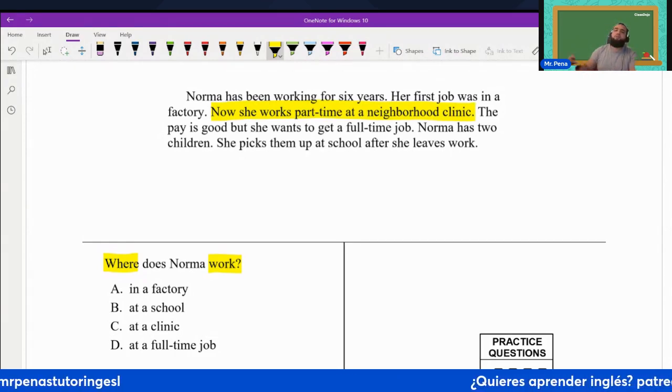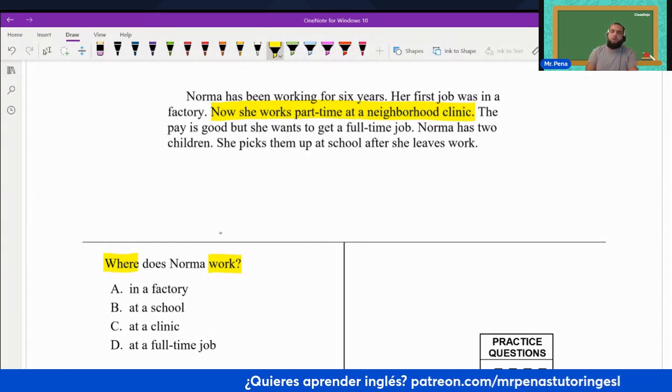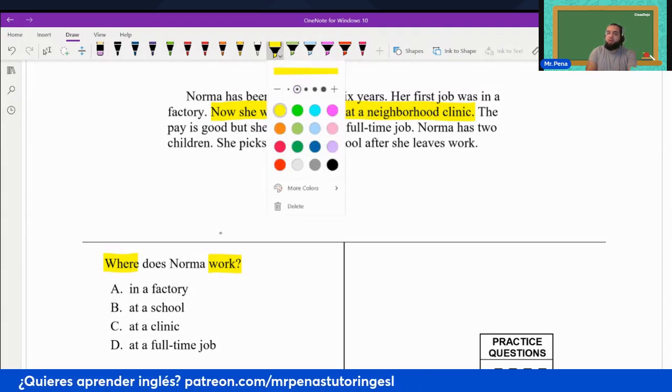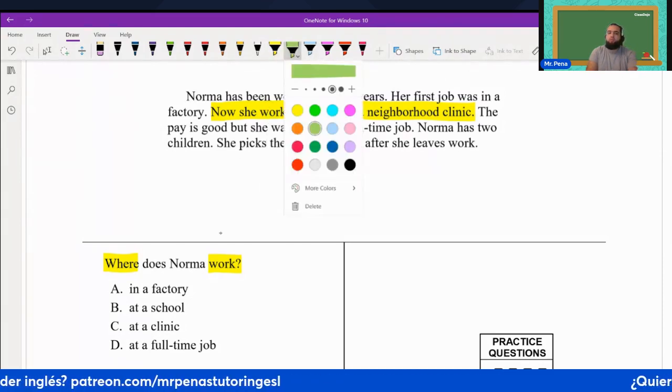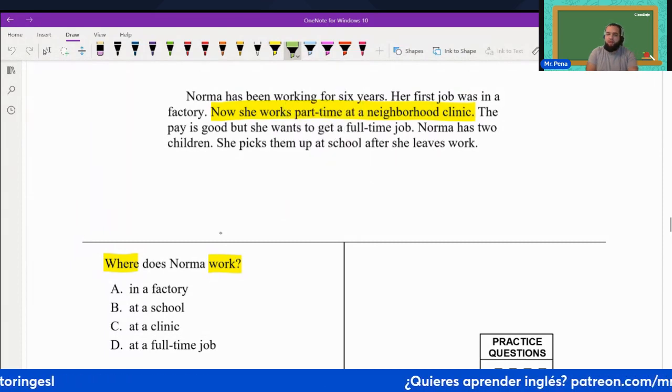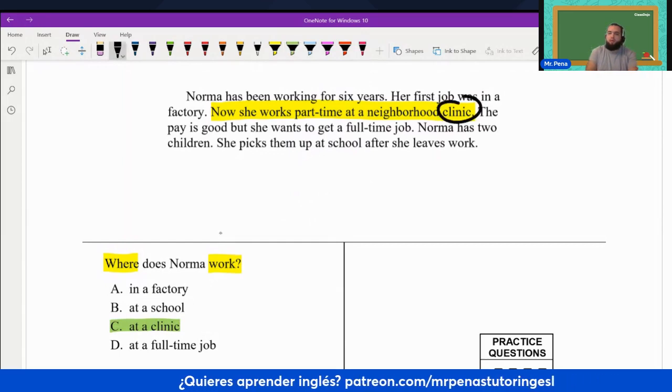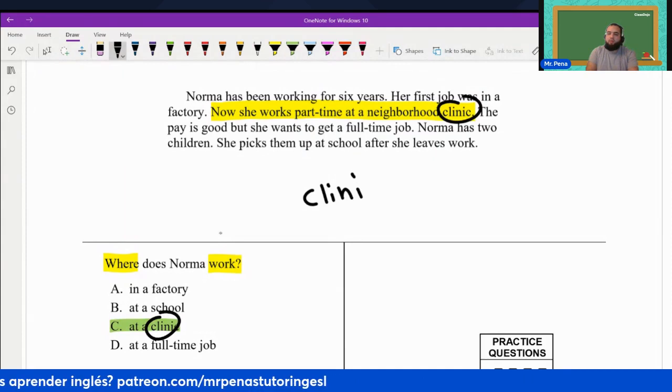The pay is good, but she wants to get a full-time job. That's after. So Norma currently works part-time at a clinic. The key word there is clinic. That is where Norma works.